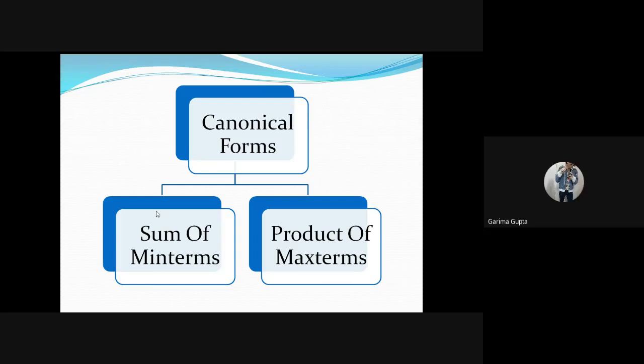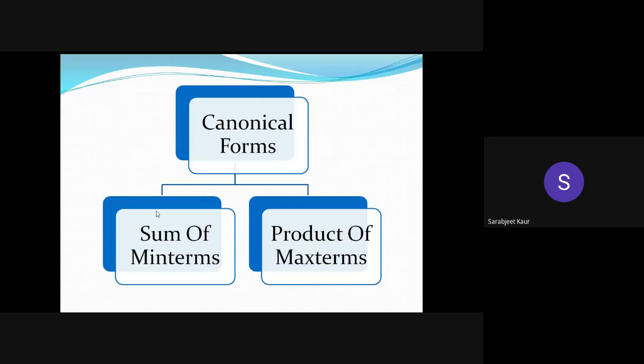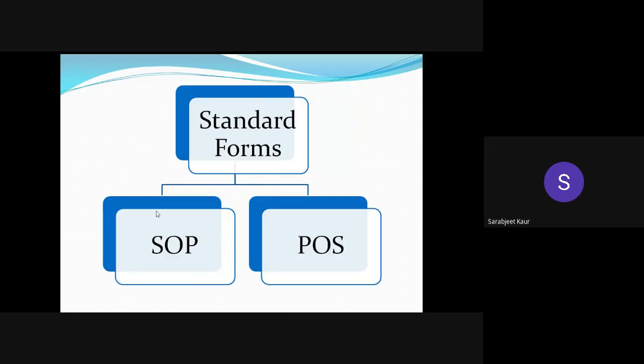That expression is either in the SOP form or in the POS form. So using a Karnaugh map is actually a journey from a given canonical form of expression to one of the standard forms. I can also put it like this.